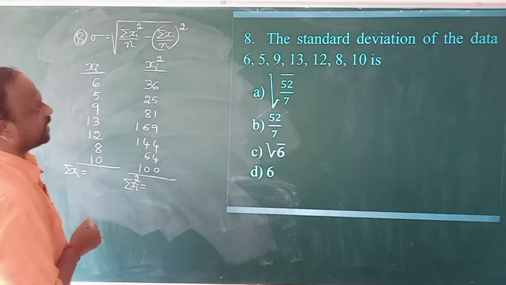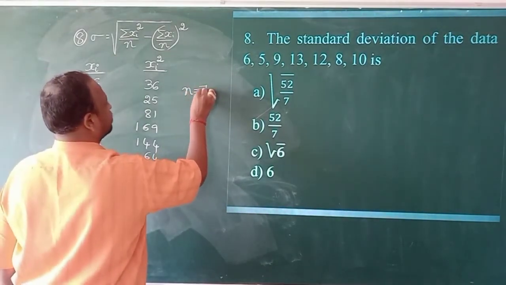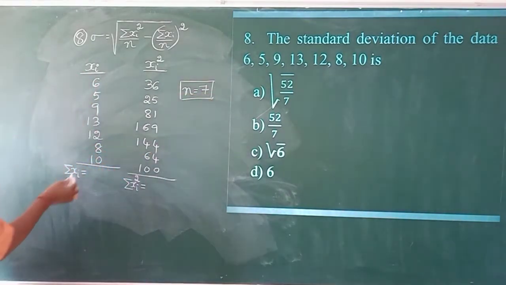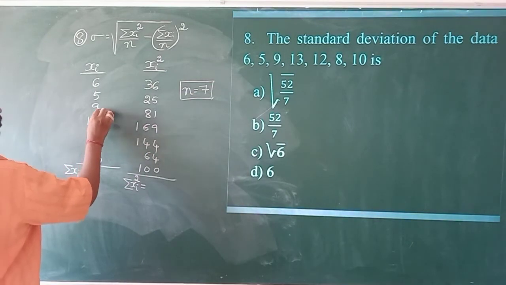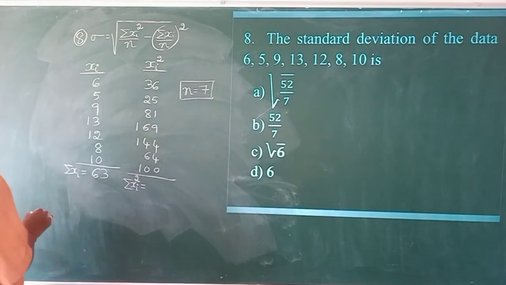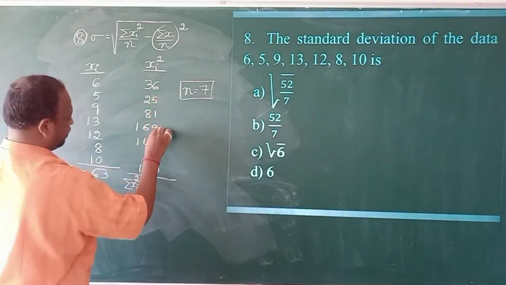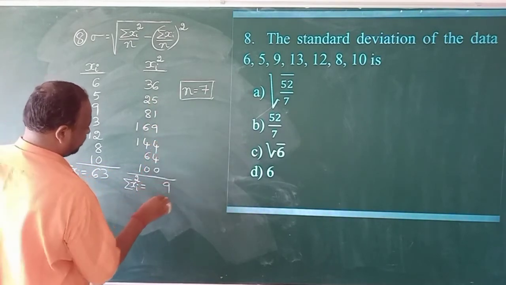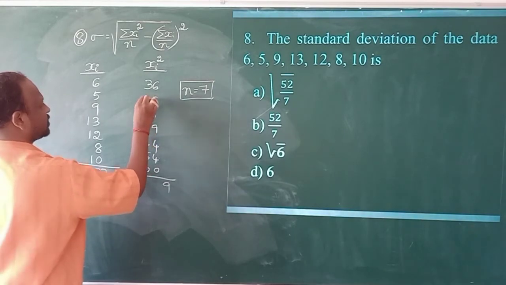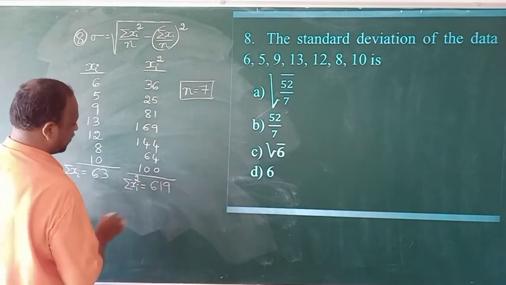So here n is 7, that is 7 observations. You know the value of n, you know sigma xi, you can add it: 10, 13, 22, 27, 33, 63. Here you can calculate sigma xi square, that is 619.